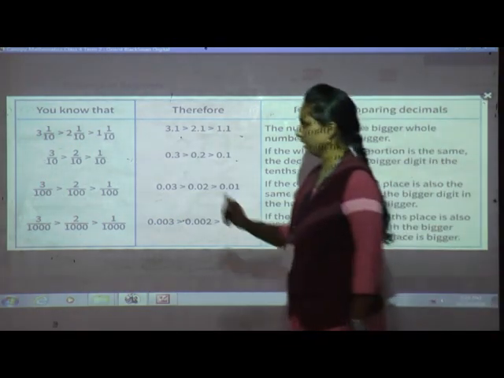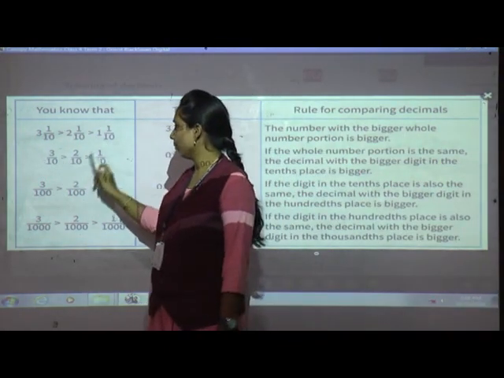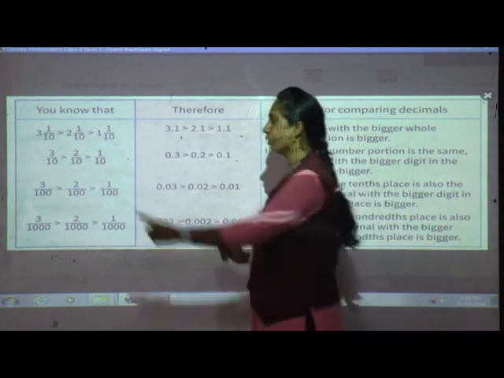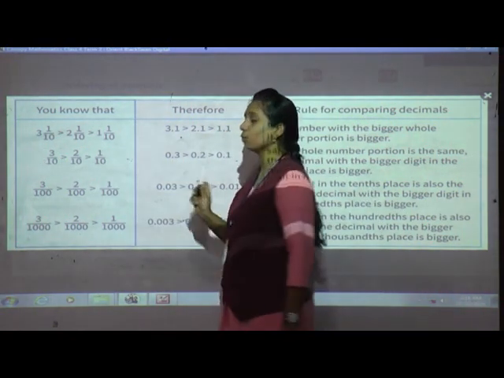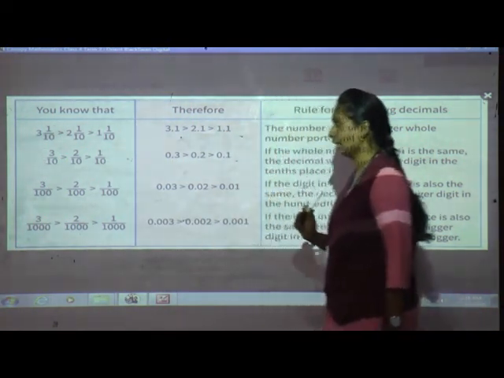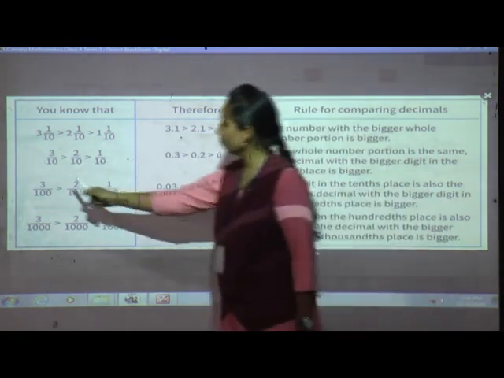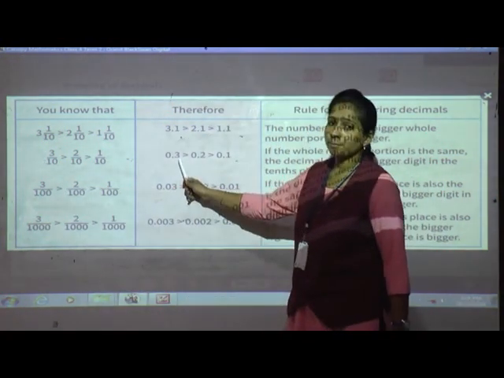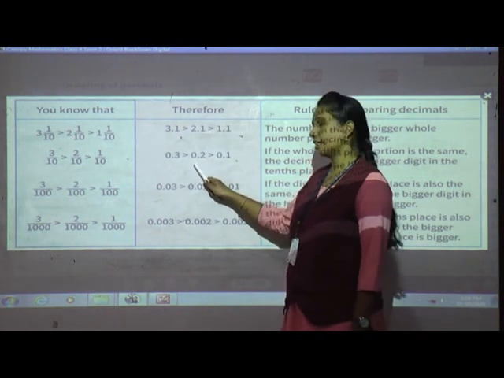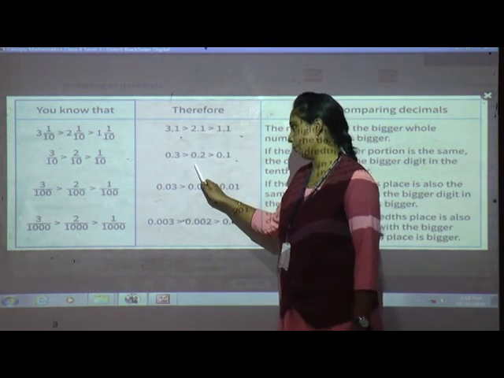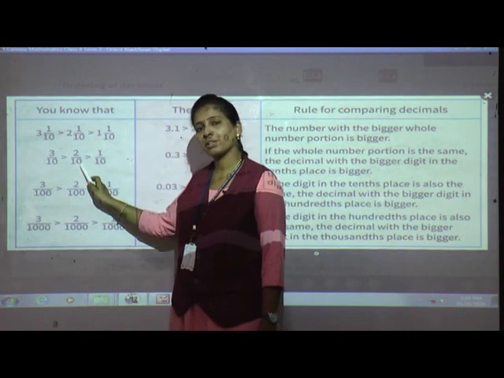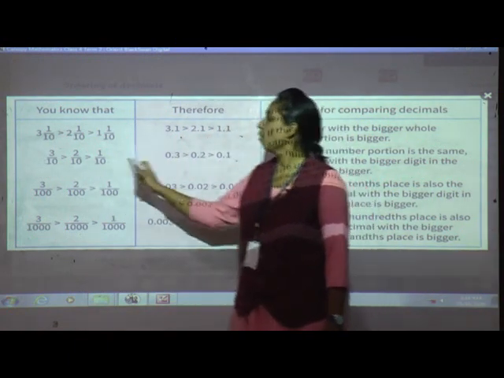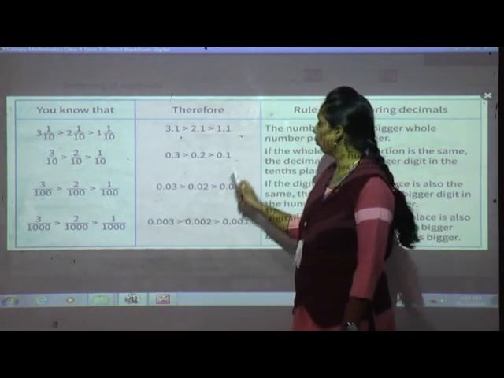Now in the second, 3 upon 10, 2 upon 10 and 1 upon 10. 3 upon 10 is greater than 2 upon 10, 2 upon 10 is greater than 1 upon 10. It means 3 upon 10 means what? Decimal number 0.3. 0.3 is greater than 0.2. 0.2 means 2 upon 10 means 0.2. 1 upon 10 means 0.1.